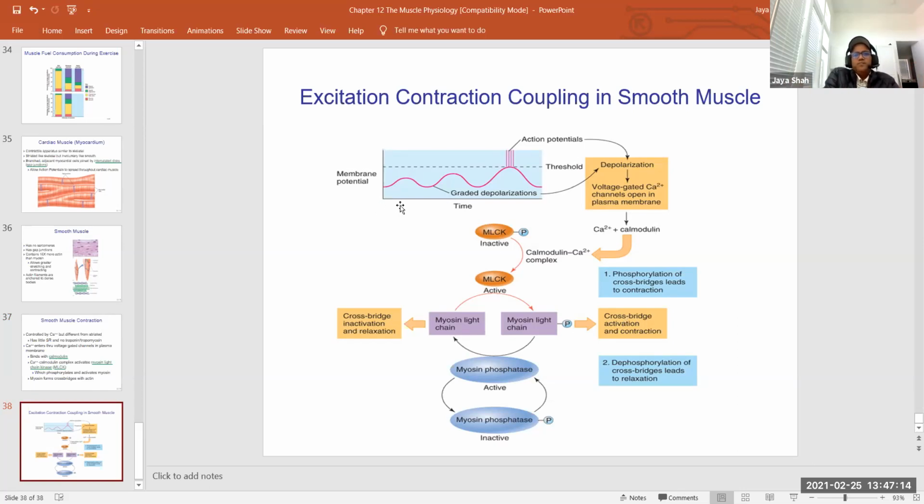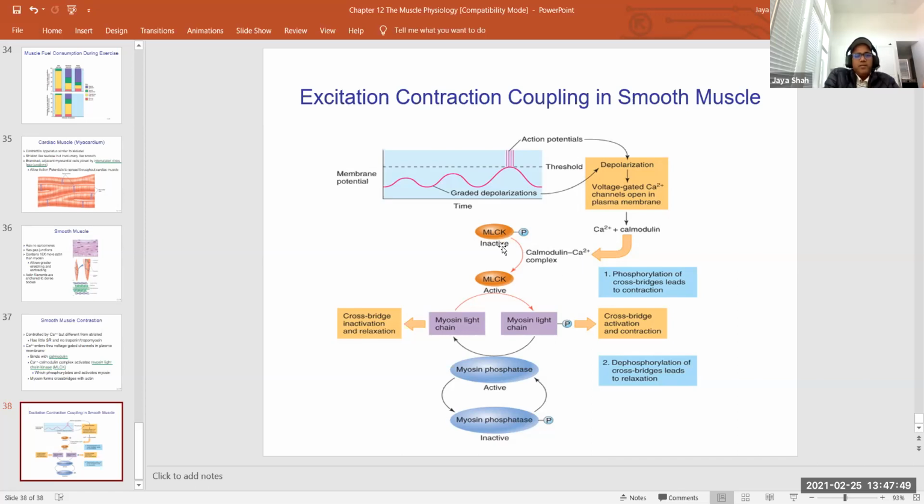So here, this is the plasma membrane of the smooth muscle. When there is membrane depolarization, there is a graded potential. Once it reaches the threshold, there is an action potential. That depolarization in the muscle cell opens the voltage gated calcium channel in the plasma membrane, and then calcium gets inside the cell and binds with calmodulin, making the calcium calmodulin complex.